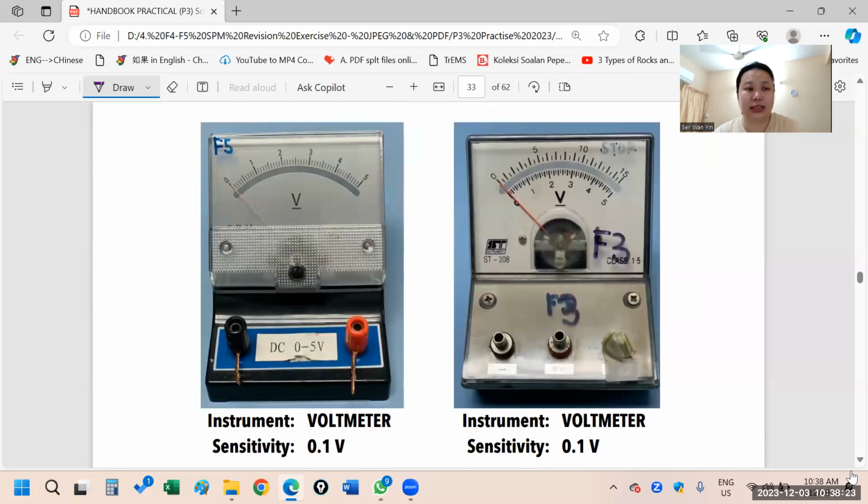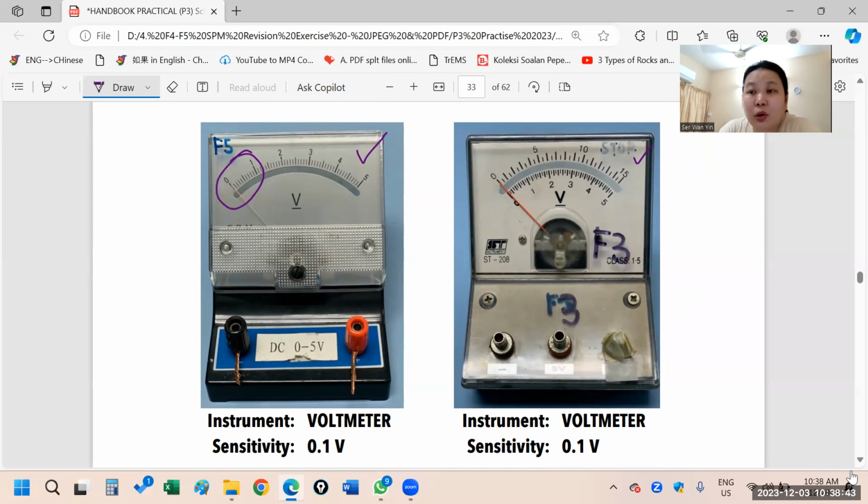So be careful. Our school, if we buy new ones, normally we buy this. If you still have the old type of voltmeter, we have this. So be careful about the scale.